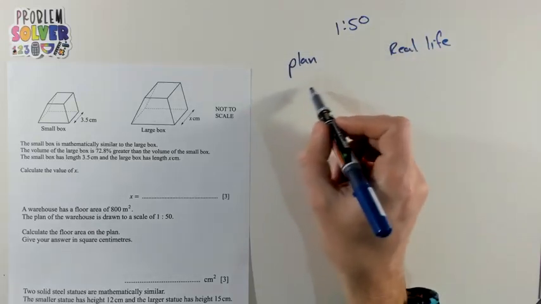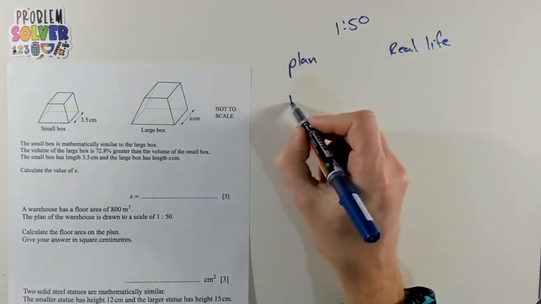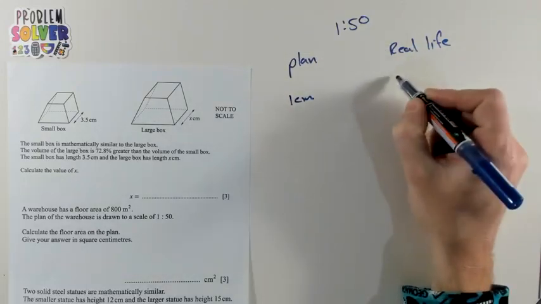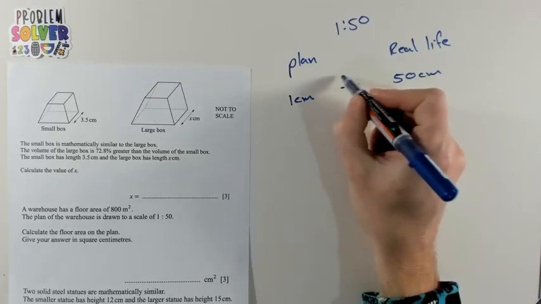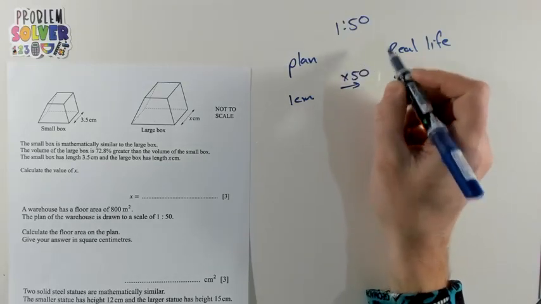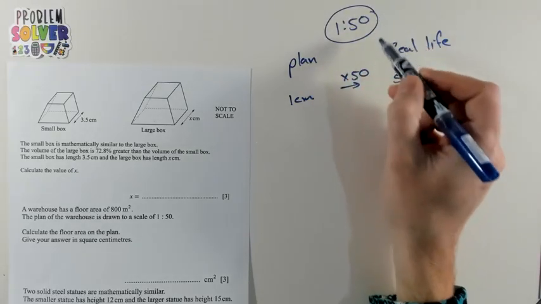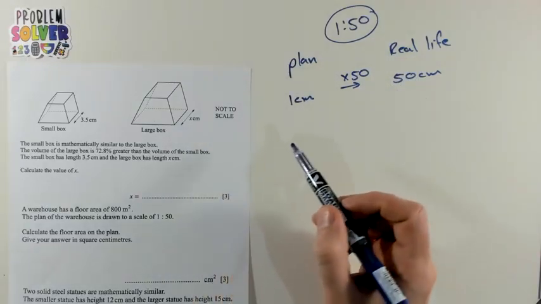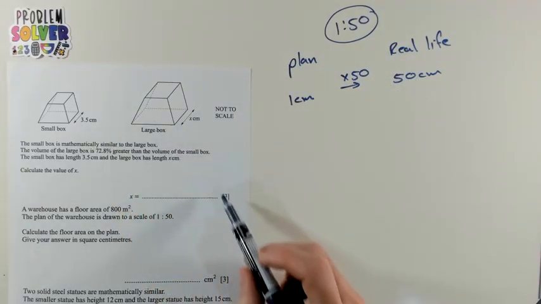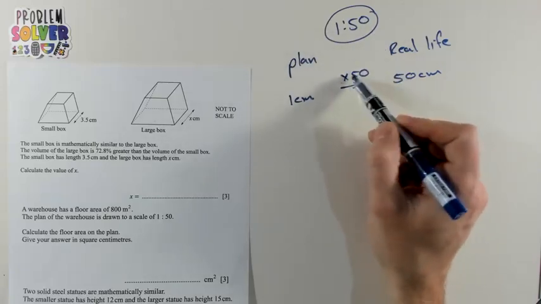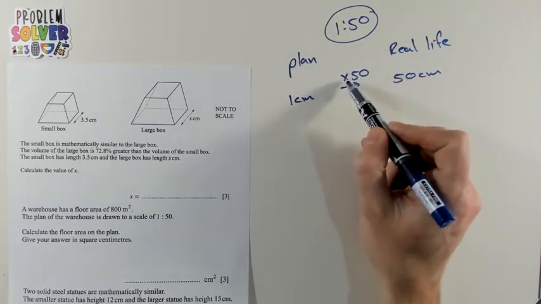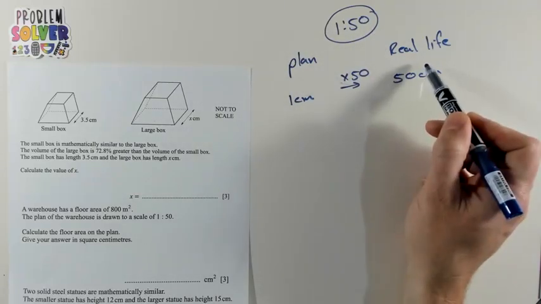So it means that 1 centimeter on the plan would be 50 centimeters in real life. So I multiplied by 50. My scale factor is not something I have to work out in a diagram, it's actually given to me in this form, 1 to 50. So anything in the plan is going to be multiplied by 50 to get to real life.